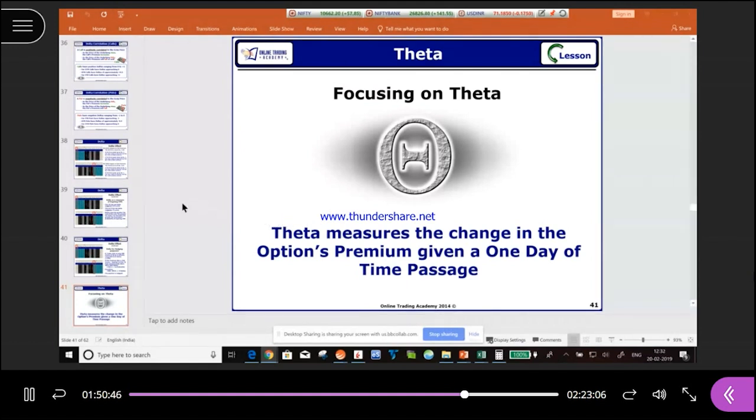No, no. Every single day it happens, Suresh. The only thing is the amount is going to be less if there is more time to expiry, and the amount is going to increase as we are getting closer to expiry. That's it.